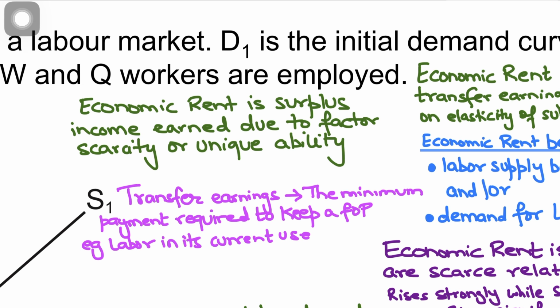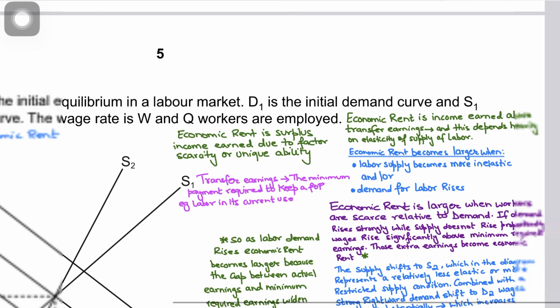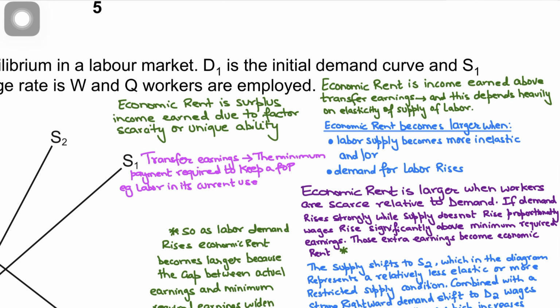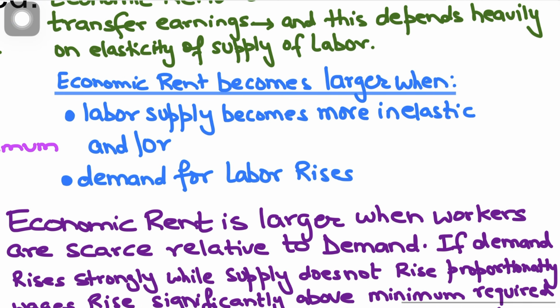So this is one way to look at it. There's another way to look at it through the demand supply model, and I'll come to that as well. But there is one thing you need to know for MCQs: the economic rent would be very high when labor supply becomes more inelastic. Write that down: the more inelastic the labor supply, the higher the economic rent.